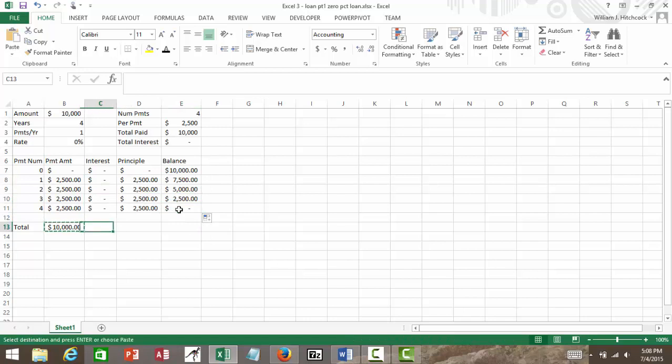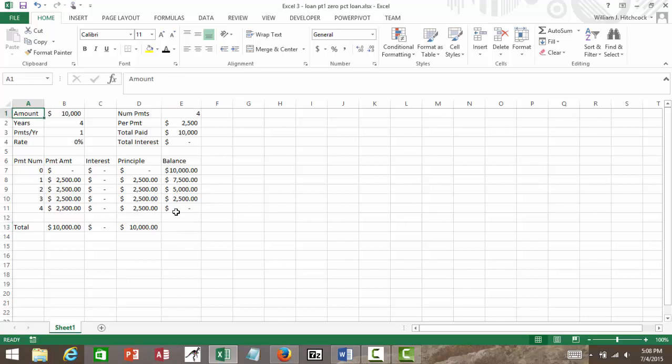So if I copy the sum formula for the interest and principal, we see that we paid a total of $10,000. None of it went towards interest. Our principal is exactly $10,000. Don't sum up the balance because this $25,000 really doesn't tell you anything at all because this already is a cumulative balance. So you don't want to sum that up.